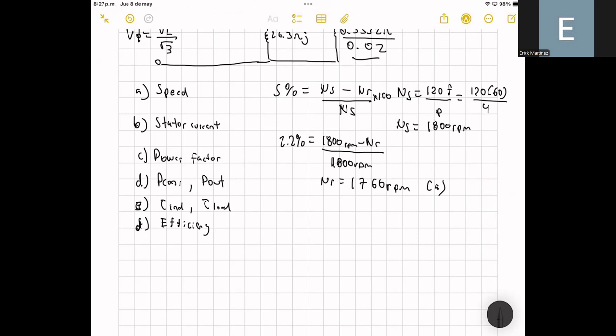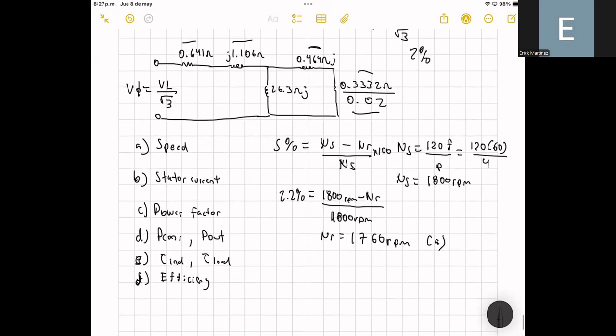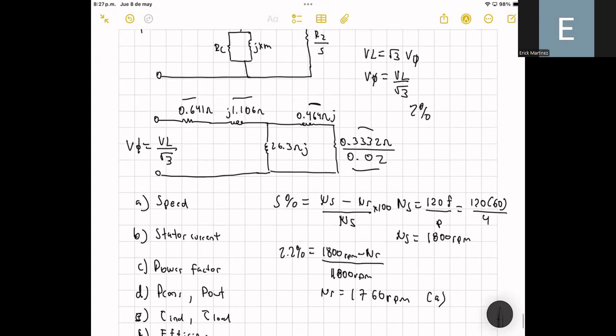And also we need to compute the stator current. So I will be working with this circuit again. How can we compute that? Well, we can compute the phase voltage because we know the line voltage.